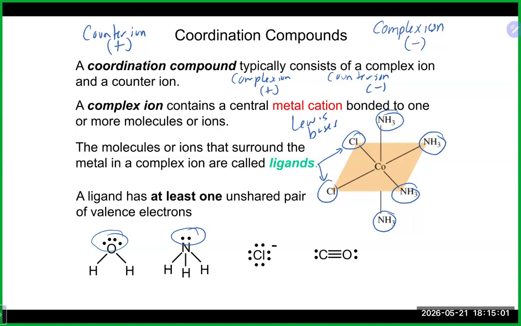Also, things that are negatively charged have gained electrons, which means you have extra electrons to donate, so they are typically good ligands as well. As I mentioned before, you can think of the ligand as a Lewis base and the metal as the Lewis acid, which, because it is positively charged, is electron deficient and willing to accept those electrons in.